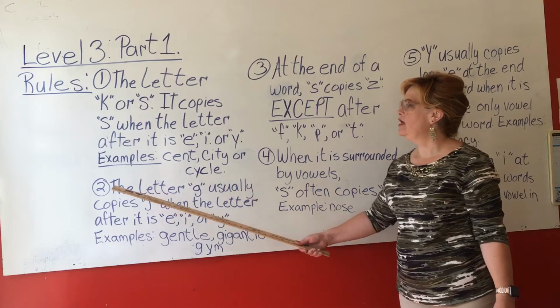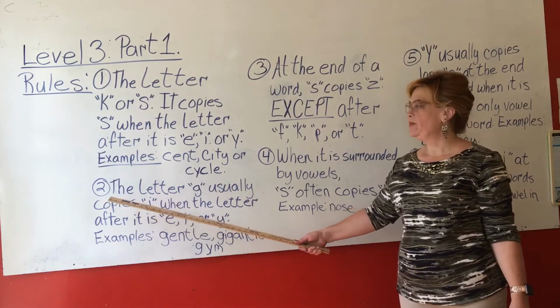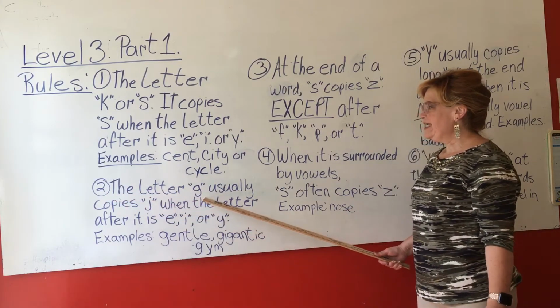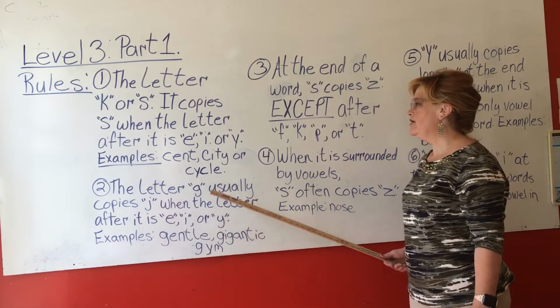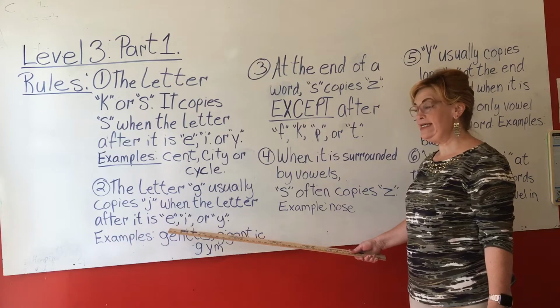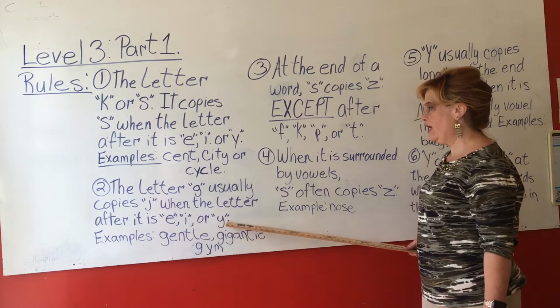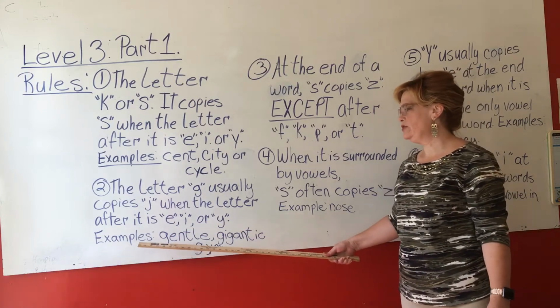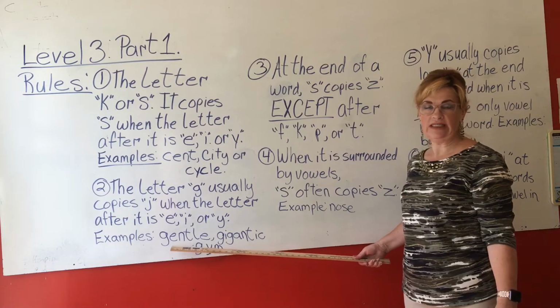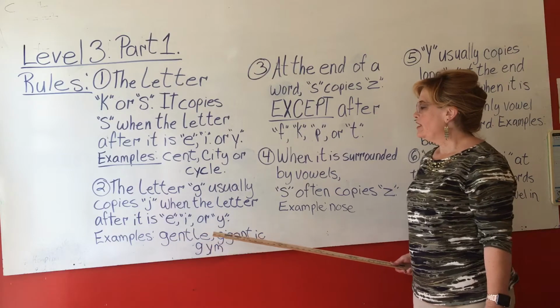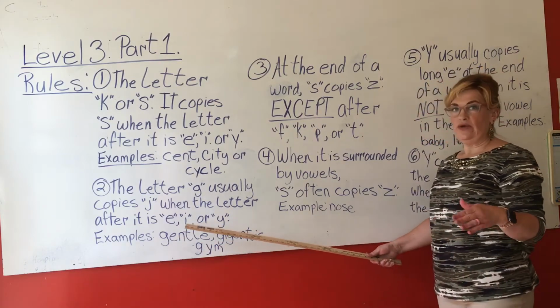Okay? Rule number 2. The letter G usually copies J when the letter after it is E, I, or Y. Examples: G-E-N-T-L-E, gentle. Okay? Like a gentle rabbit.